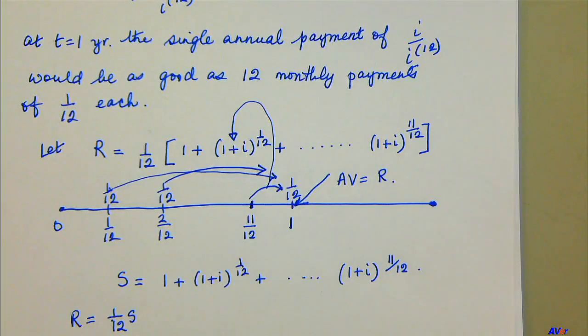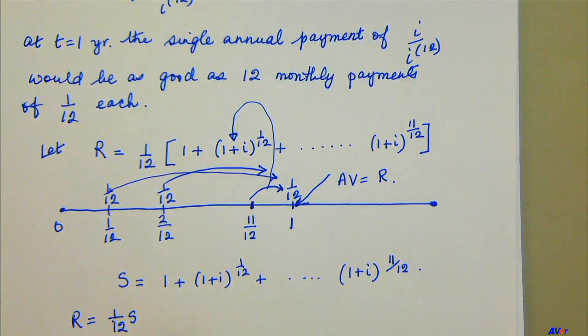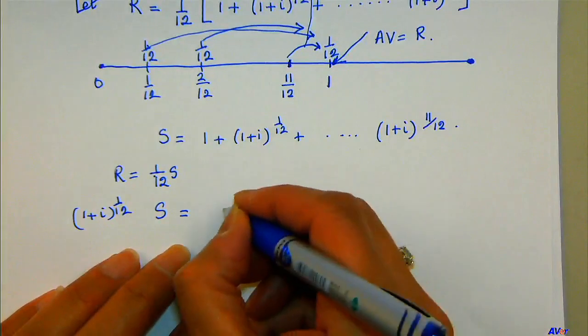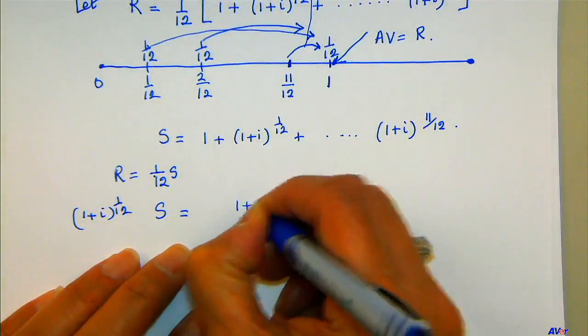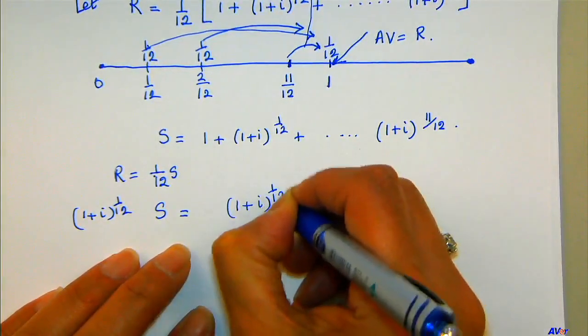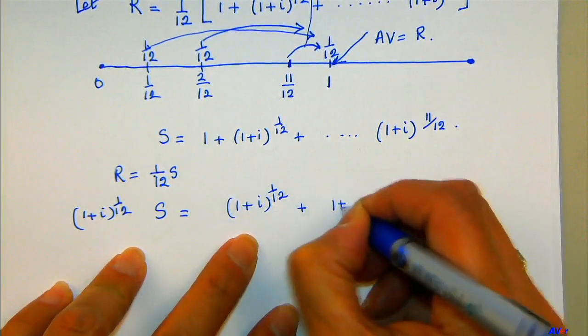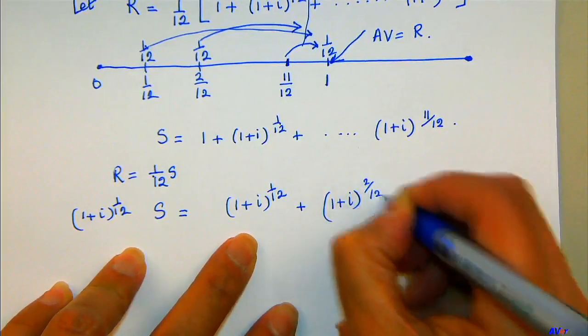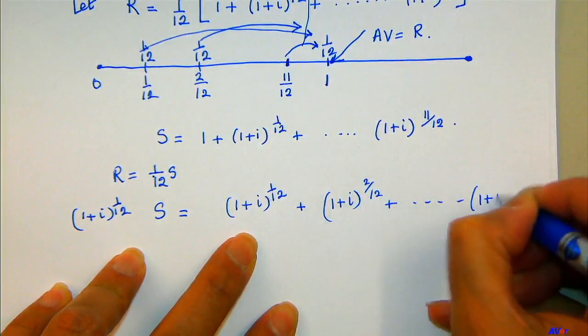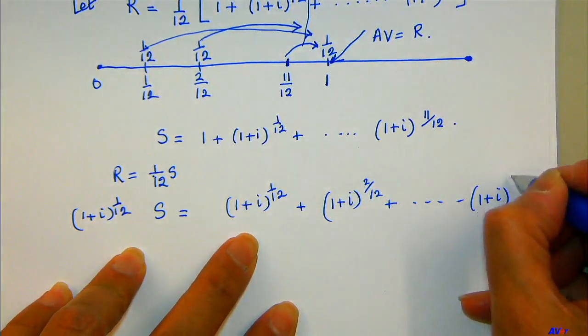Now multiply everything by 1 plus i to the 1/12. (1 plus i)^(1/12) times S equals 1 plus i to the 1/12 plus 1 plus i to the 2/12 plus dot dot dot plus 1 plus i to the 12/12, which is just 1 plus i.